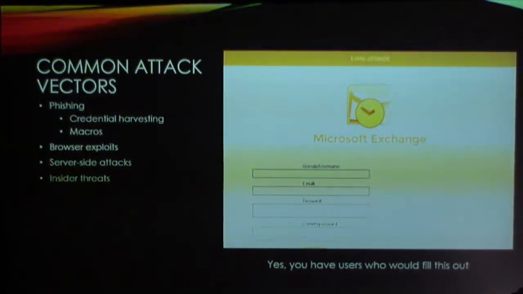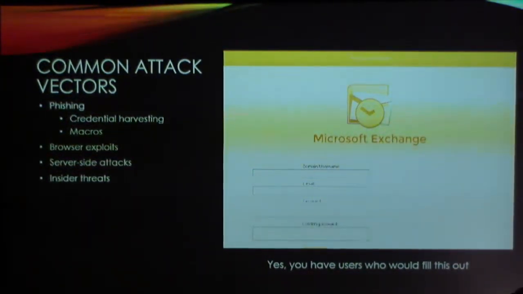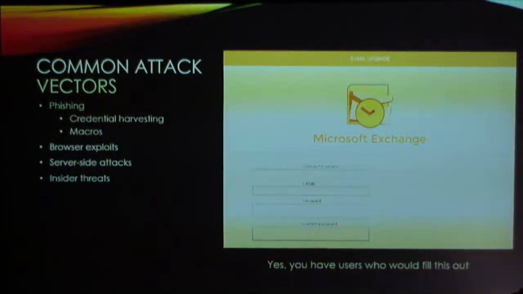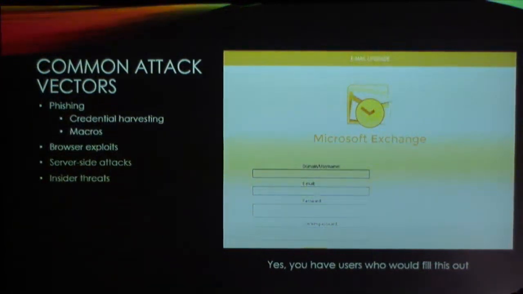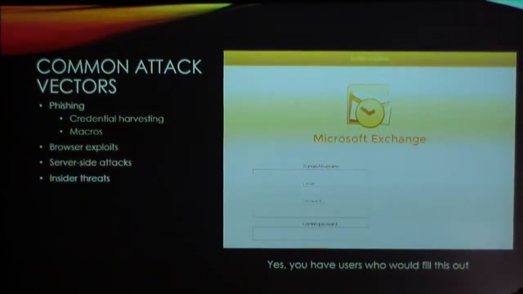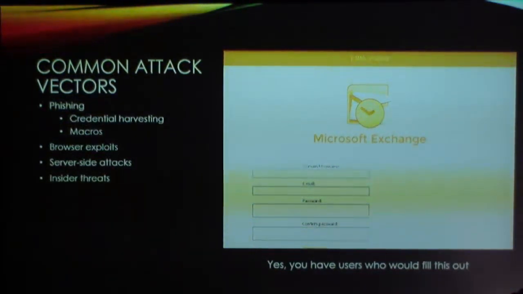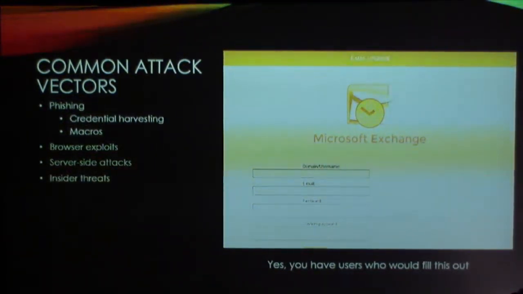Credential harvesting is one of the most popular ways for both pen testers and your average attacker to get into a business, because it's so easy to do. You just stand up a fake web form, ask people to fill in creds, and people give you creds.